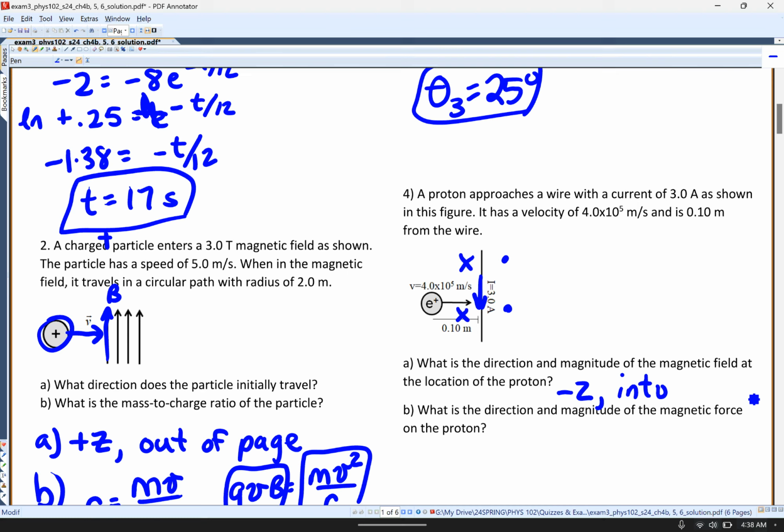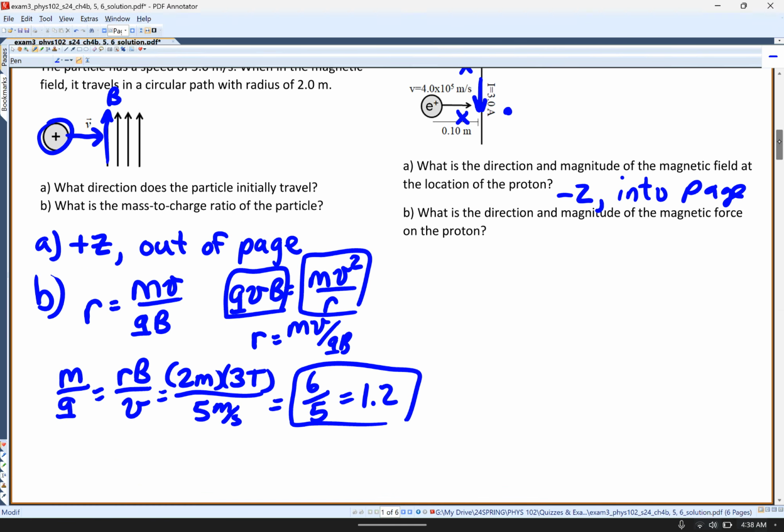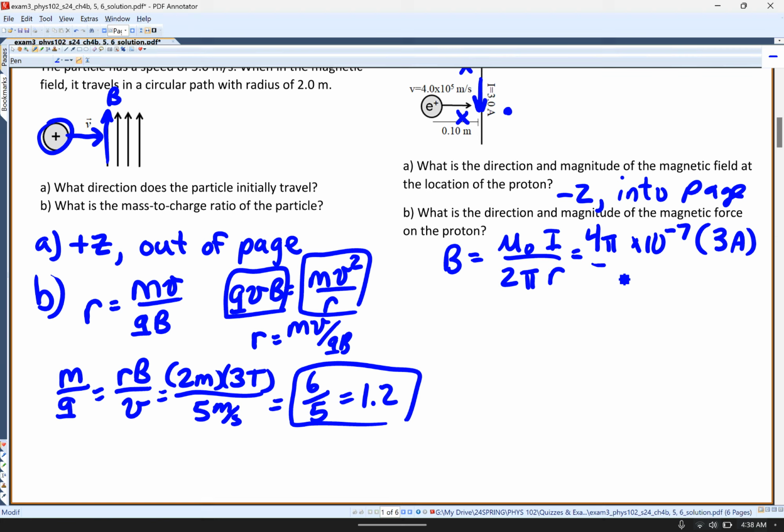And now what is the direction of the magnetic force on the proton? So I need to figure out the magnetic field first. Two steps here. So first, what is the magnetic field? That's going to be mu naught I over 2 pi r. That's going to be 4 pi times 10 to the minus 7 times the current, which is 3, divided by 2 pi times the radius, which is 0.1.